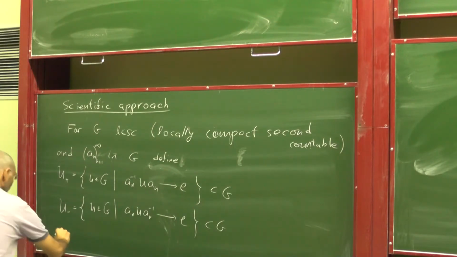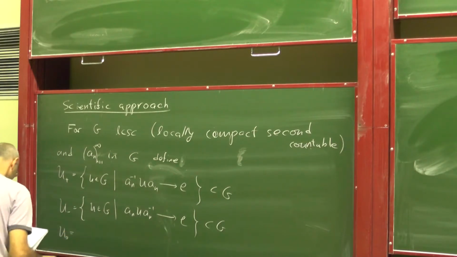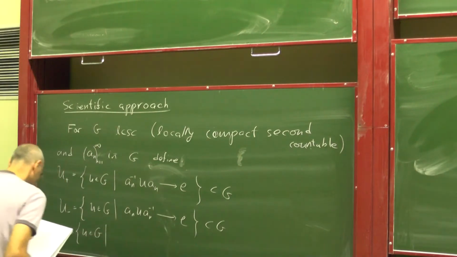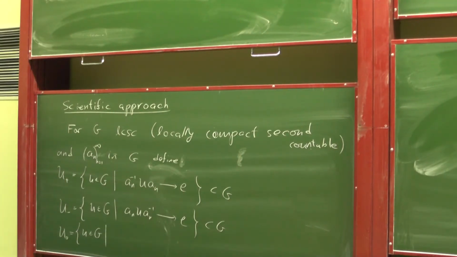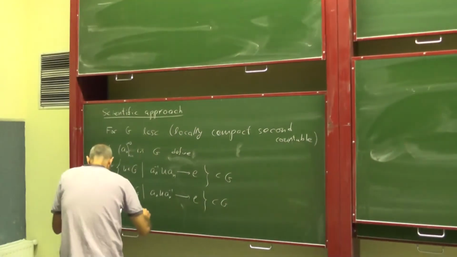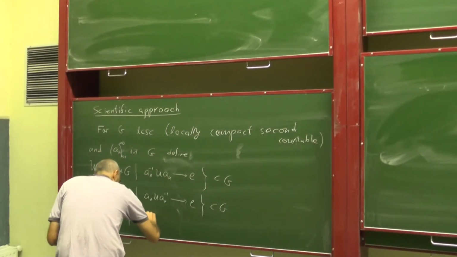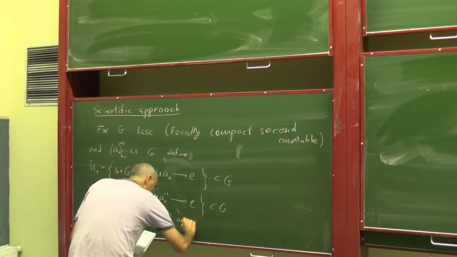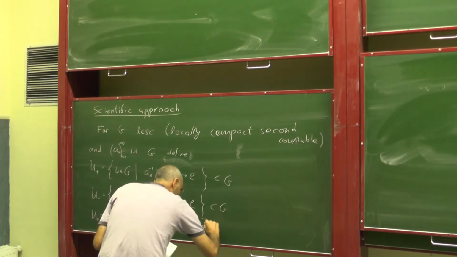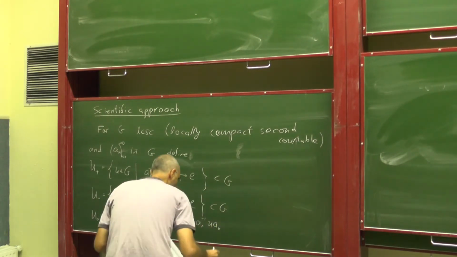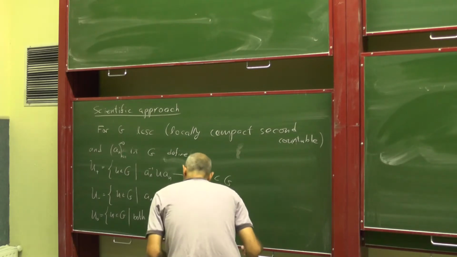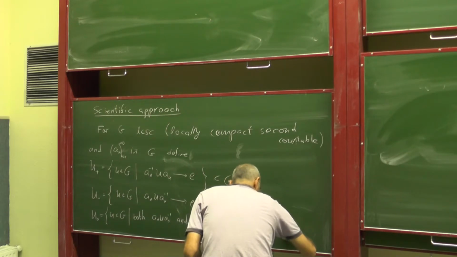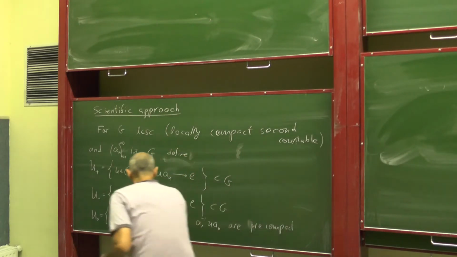Or maybe let me introduce one more. These are all the U's which do not go either to infinity nor to identity by these sequences, both An inverse and this one, are bounded or very compact sets.